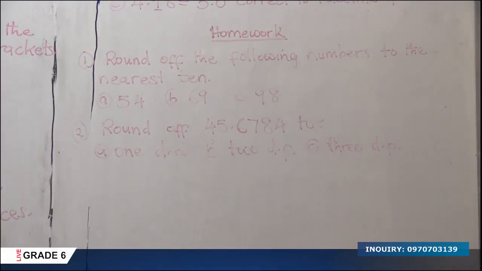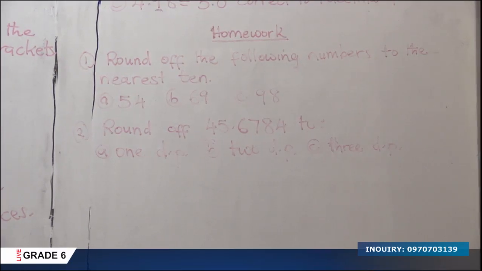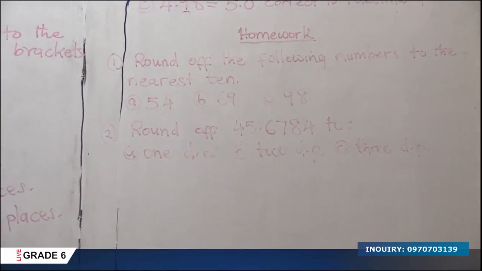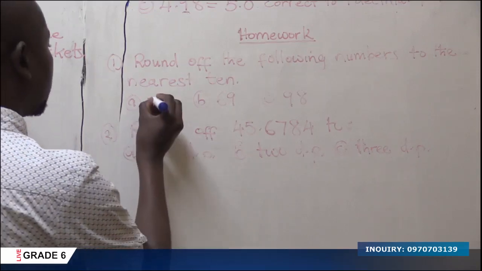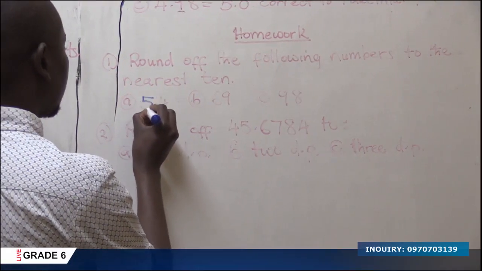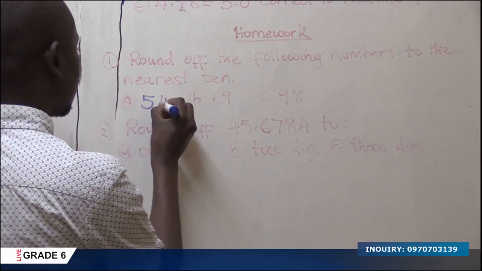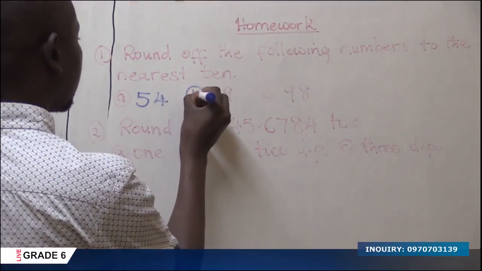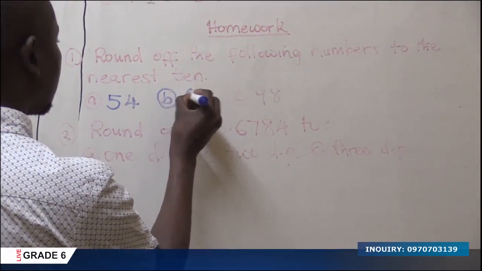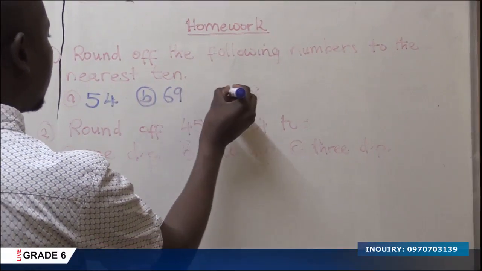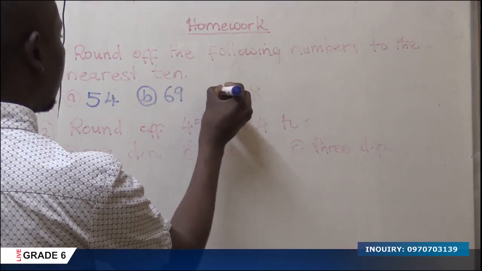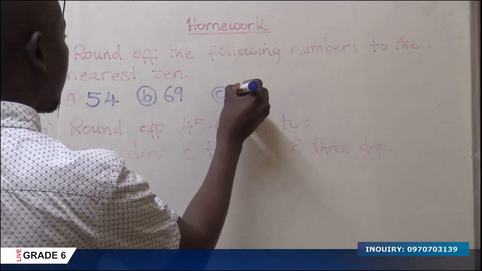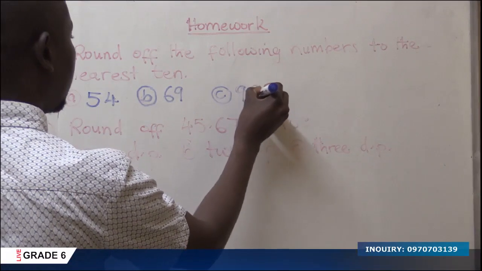Okay, so I've seen this. This one says, sir, we can't see properly. The marker is not so vivid. All right, maybe let me just write with a blue one for you to see the questions properly. All right, so this is our 69. Okay, this is our 98.